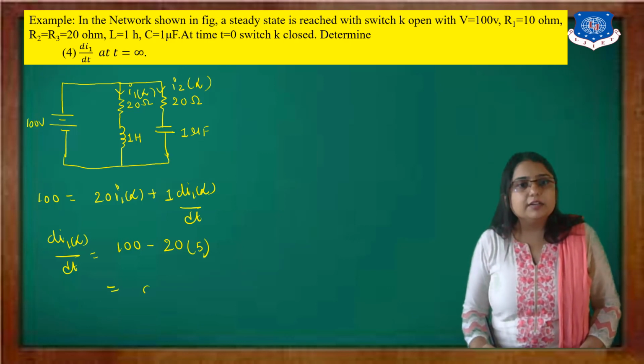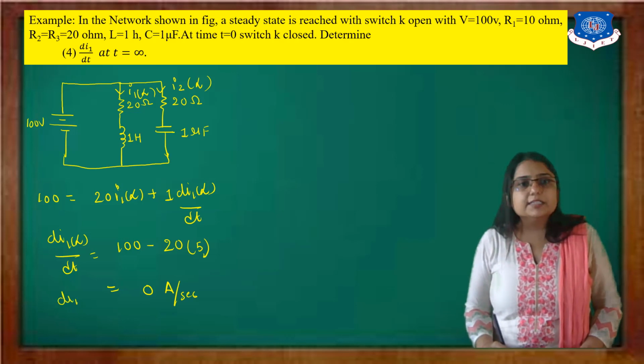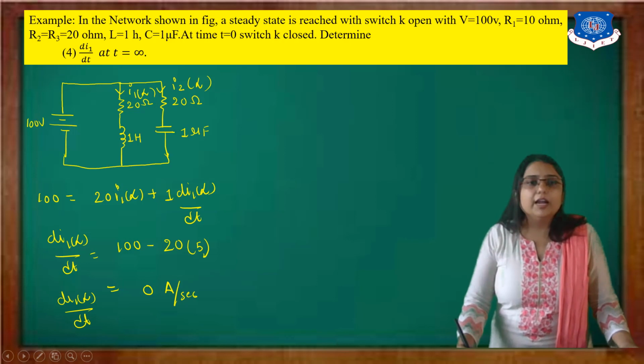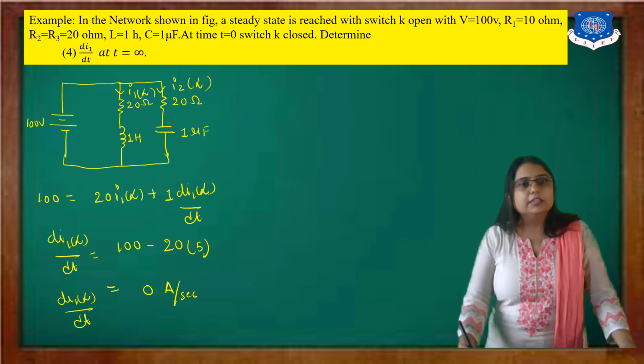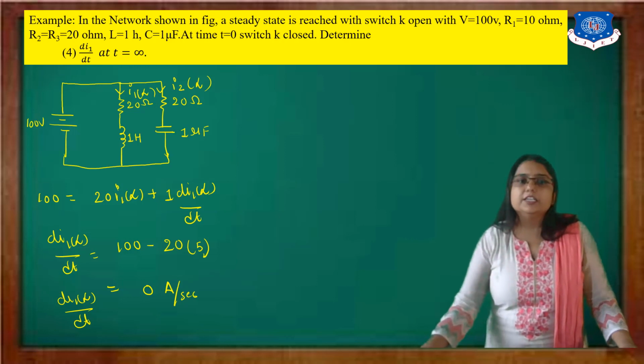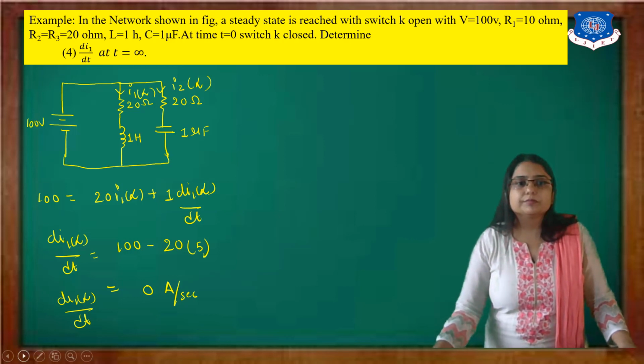So 100 minus 100 is 0 ampere per second. That is di1(infinite)/dt. Alright, so this is the value of all four things, using the initial conditions. Thank you.